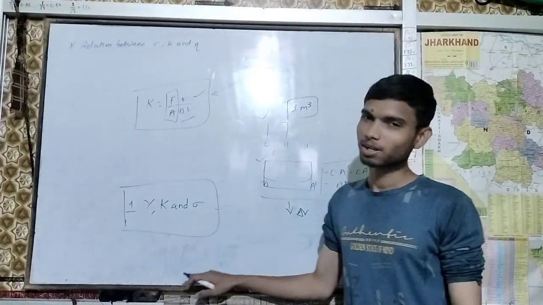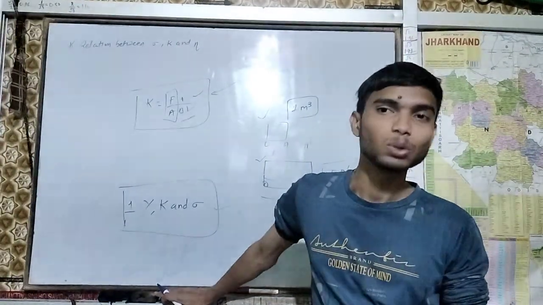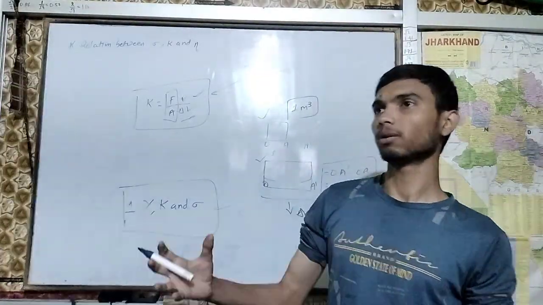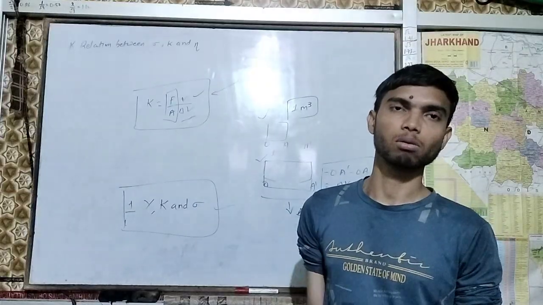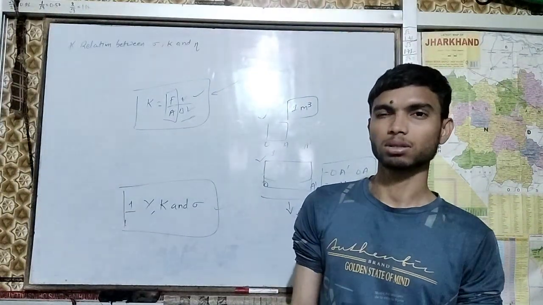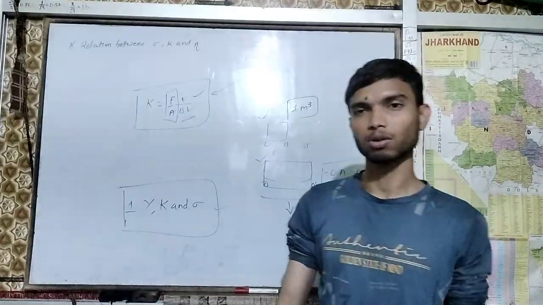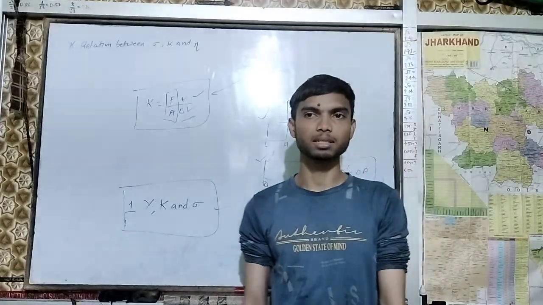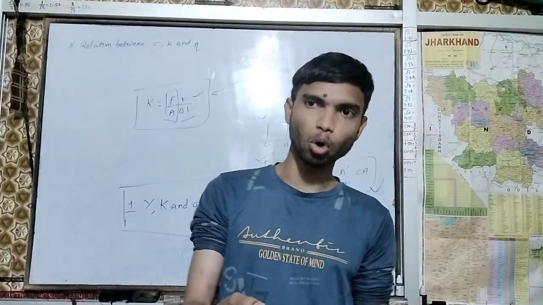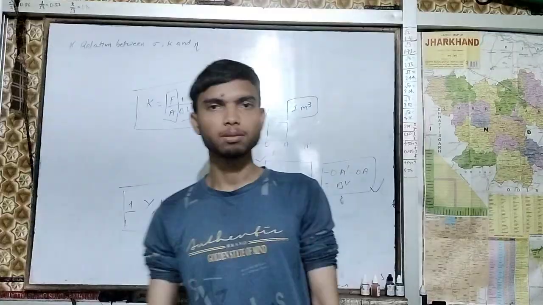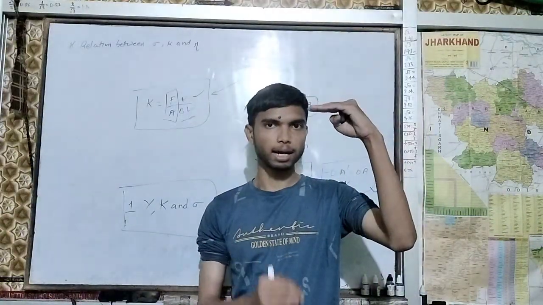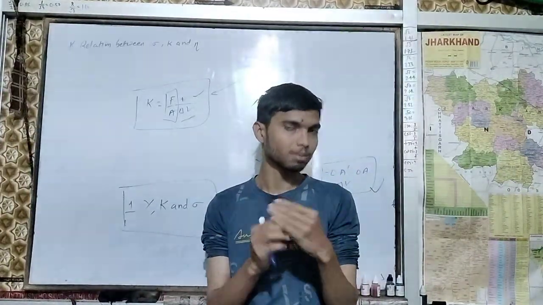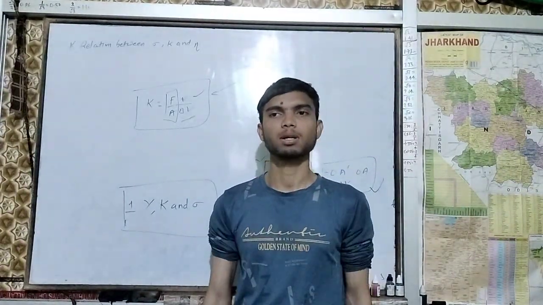Why will Poisson ratio come? It will tell you that when you increase one side length, let's suppose you are increasing the length by applying longitudinal stress, you will observe that the upward and downward parts of the body are decreasing.